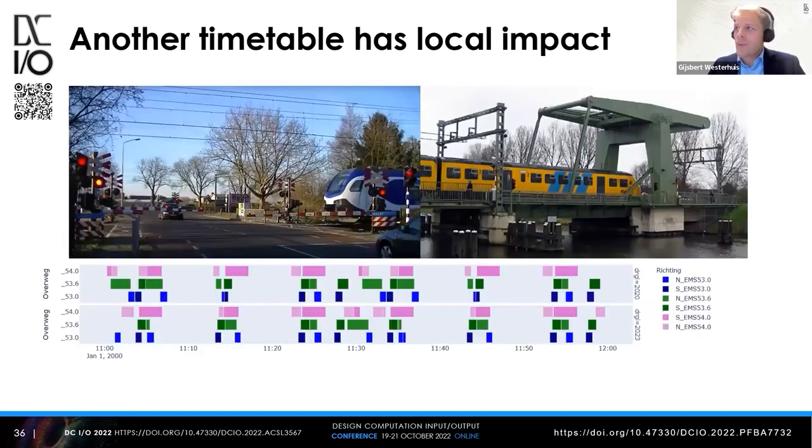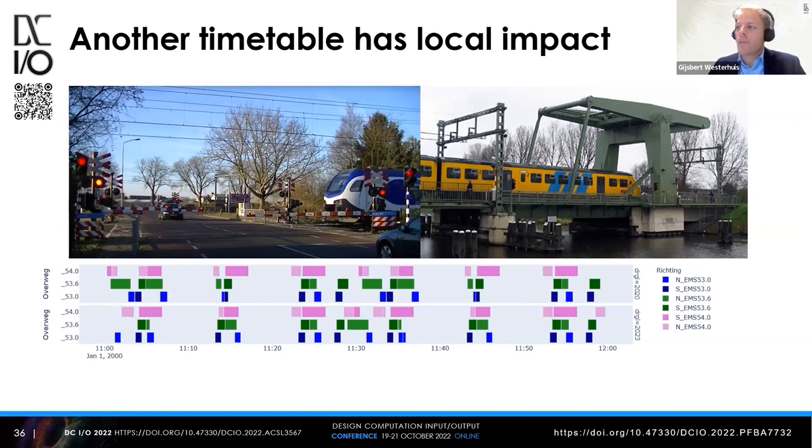Another type of problem within timetable, real-time timetable changing, is that it has local impact on level crossings or bridges, especially for level crossings. That's a safety impact, especially if the crossing is at the same level as the road.